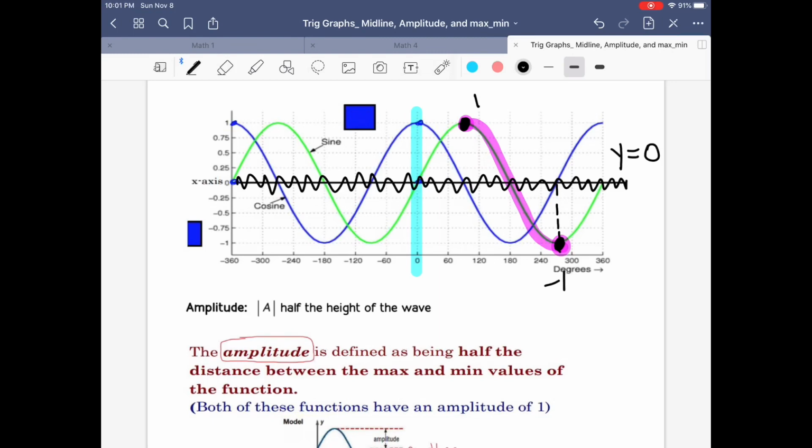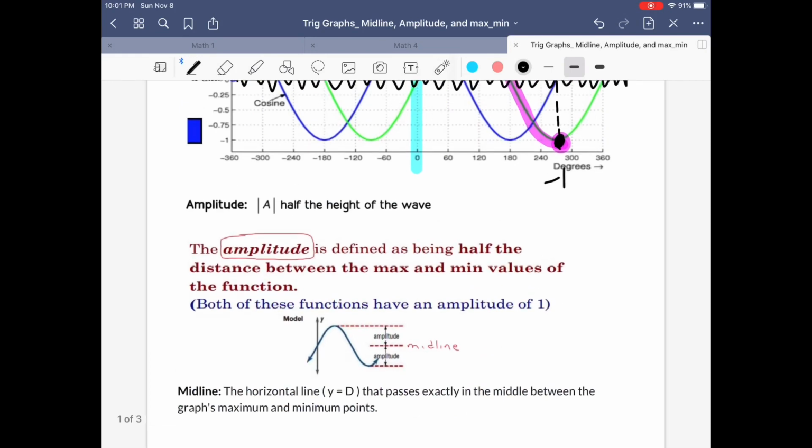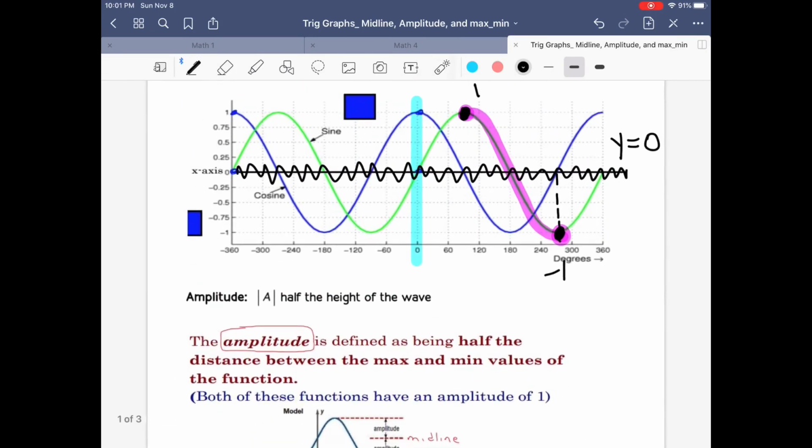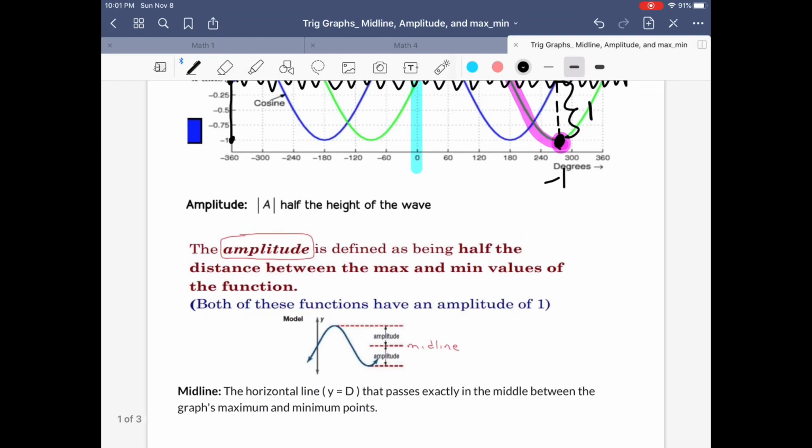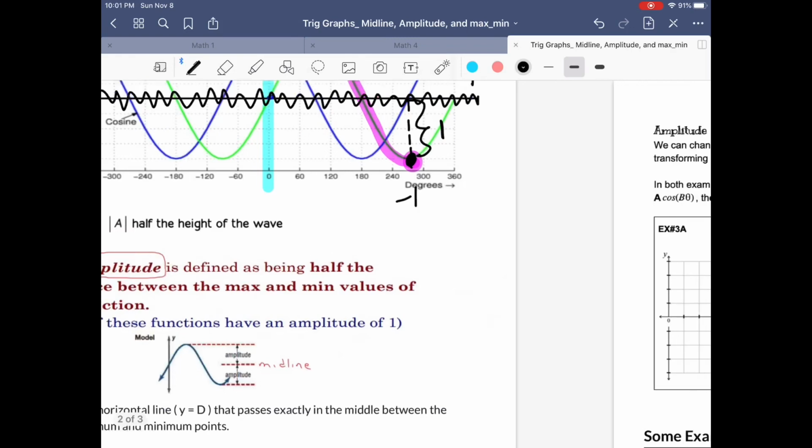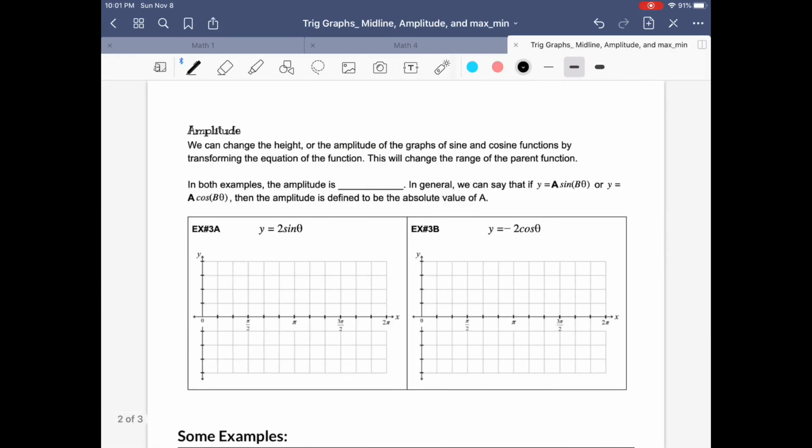So those are the three topics that we're going to be talking about today. So amplitude is half the length. So the amplitude for this particular problem is 1 unit, okay, because we're going from 1 to 0. And then we're going to talk about the midline, which is going to split your waves in half. And then we're going to talk about the maximum and the minimum.